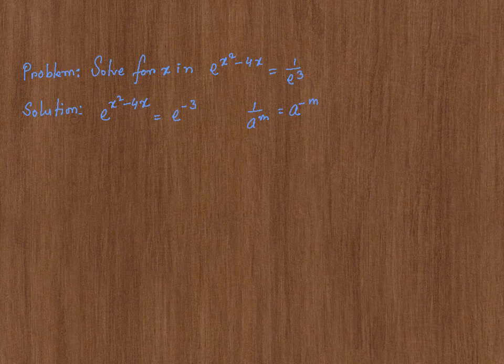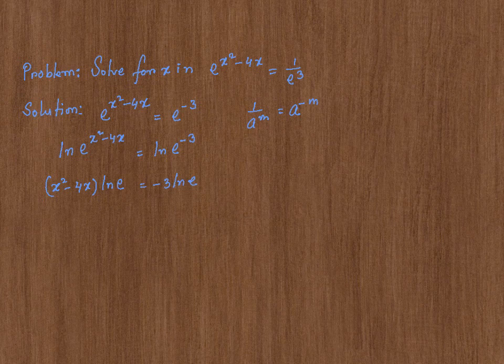However, I could apply the inverse of exponential functions, which is going to be the ln: ln e to the power x square minus 4x is equal to ln e to the power negative 3. Then I could simplify it further to this: x square minus 4x times ln e is equal to negative 3 times ln of e.